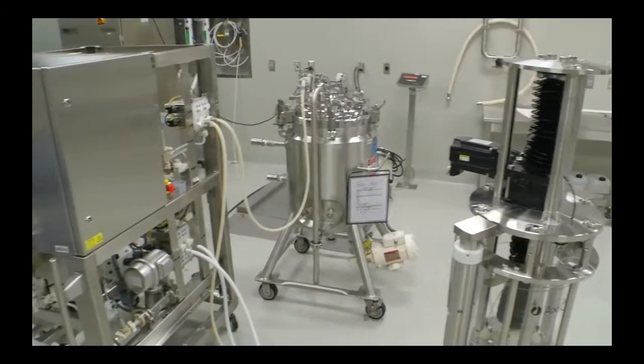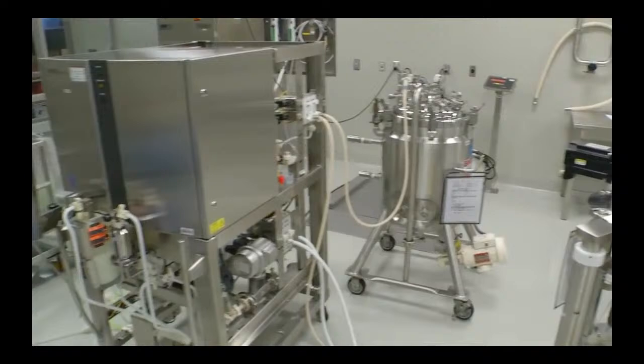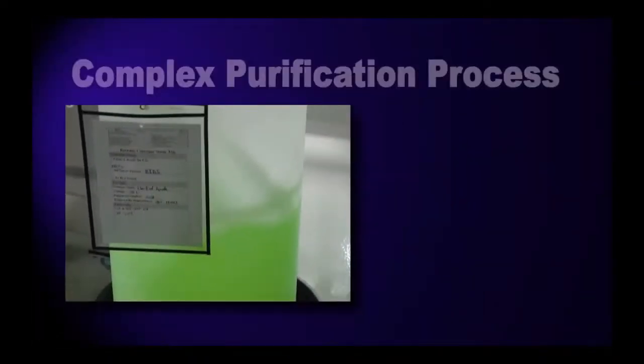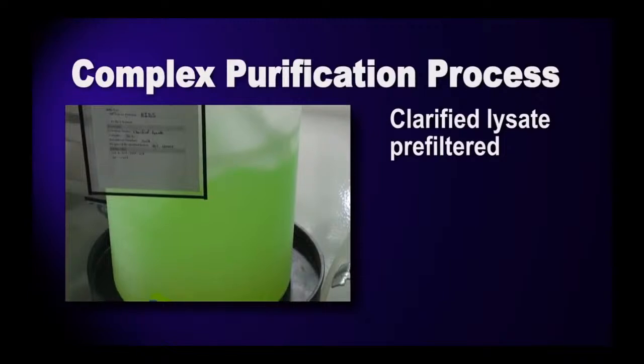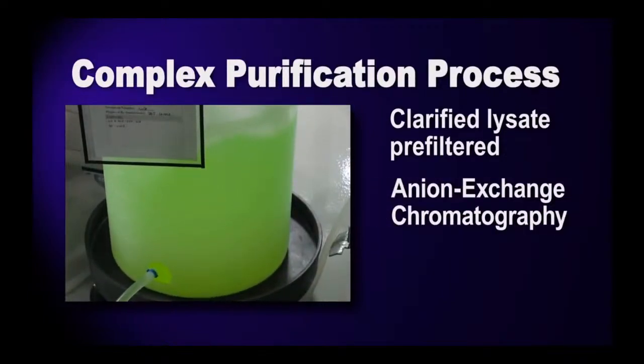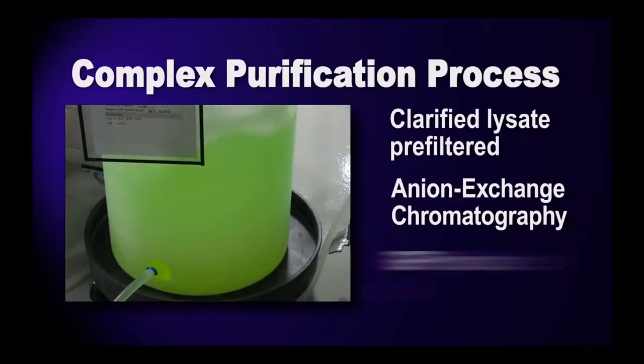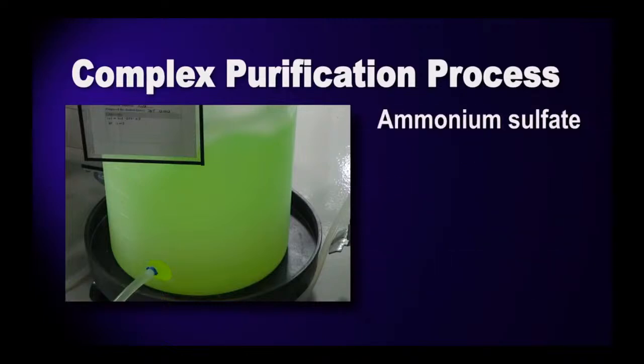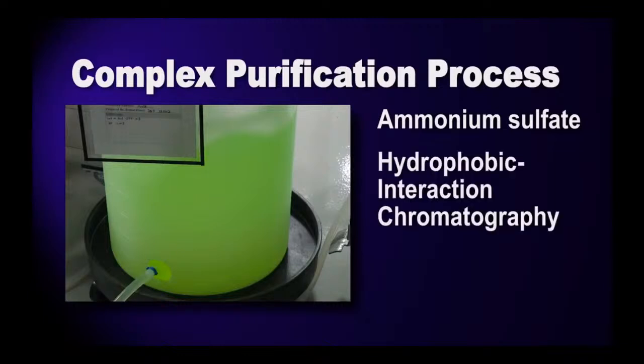Our green fluorescent protein process is pretty typical of the process for biopharmaceutical products. The clarified lysate will be pre-filtered, go through anion exchange chromatography, and the GFP collected and pooled. Next, ammonium sulfate will be added to make the solution high salt, followed by hydrophobic interaction chromatography, HIC.